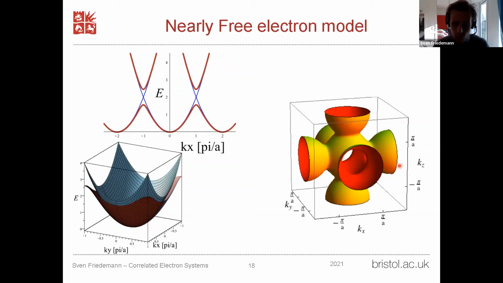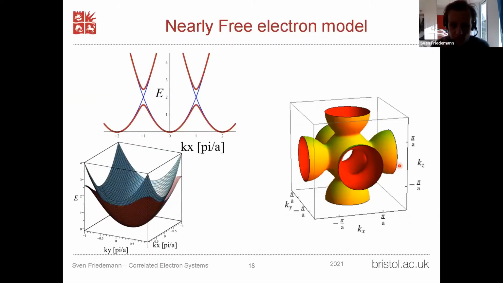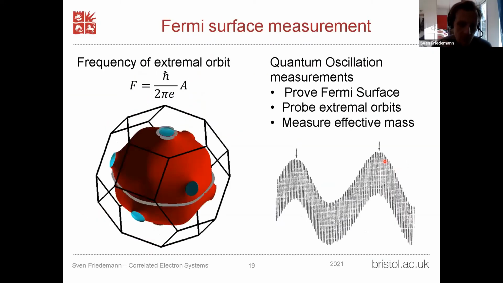There are of course more complicated things present, and it depends a lot on the specific structure of a material. This is an example of what it looks like in the real world: the calculated Fermi surface of copper. The important bit is that you've got something which looks like a sphere, but with these necks on the faces of the Brillouin zones joining.